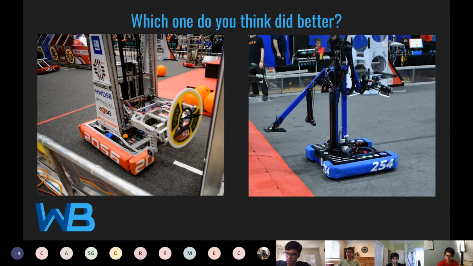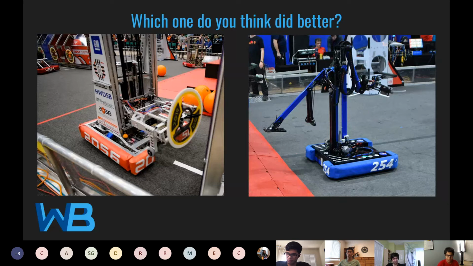Probably can't see it, but we can see the wire chain down here. We have an elevator, we have an arm, then we have a wrist on the end of that. So we have 4 different joints before we finally get to our end effector, right? Double the complexity. So which one of these, just looking at them, what do you think did better?